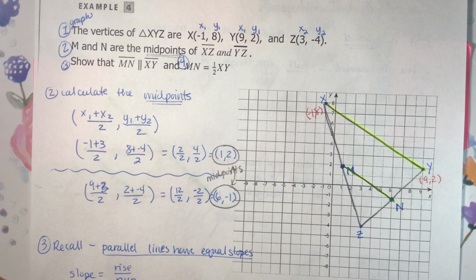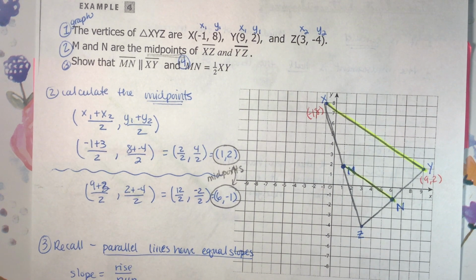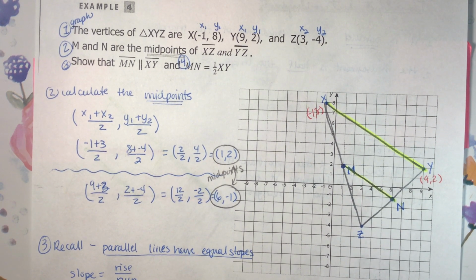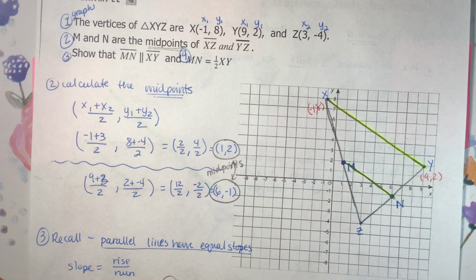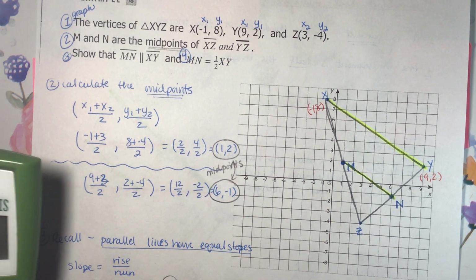So let's plug those in. So distance is going to equal the square root of (9 minus -1) squared plus (2 minus 8) squared. This becomes 100 plus 36. The square root of 136 is about, actually, let's leave it just square root 136.